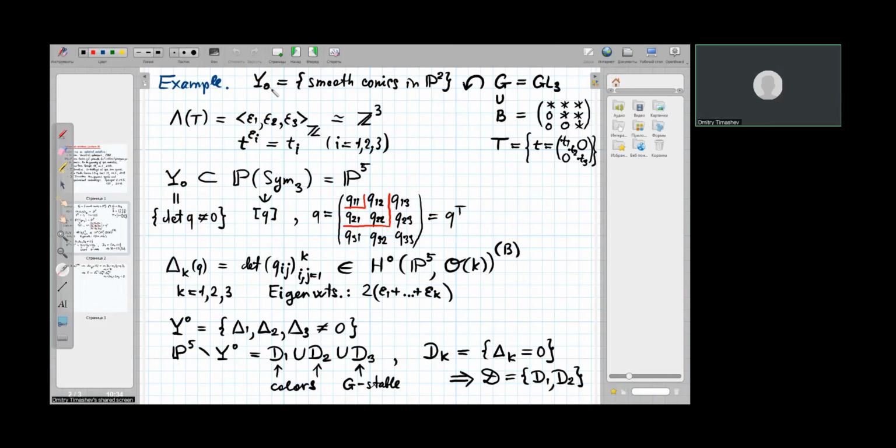So we consider the whole P5 as the acting space of G. Exactly, this is a compactification of Y0, so Y0 is an open orbit in here. Here we have three orbits, given by the rank of Q, and it is a spherical variety containing Y0 as the open orbit.